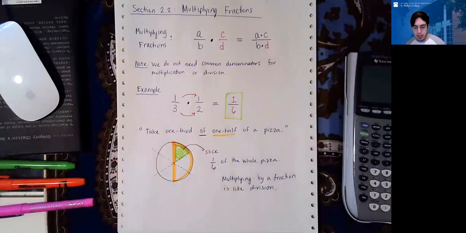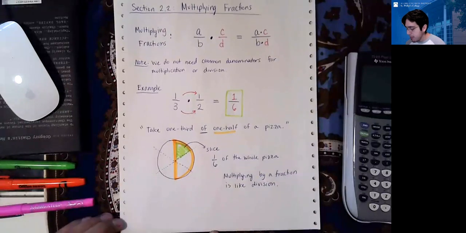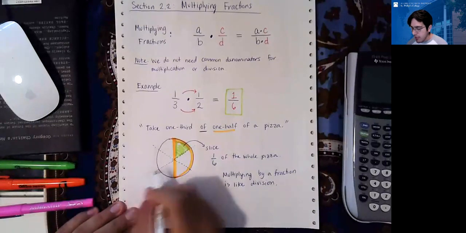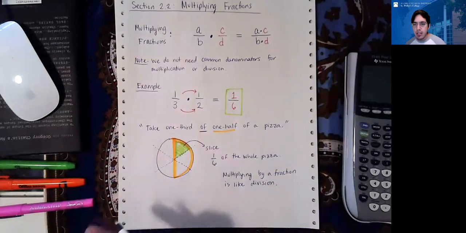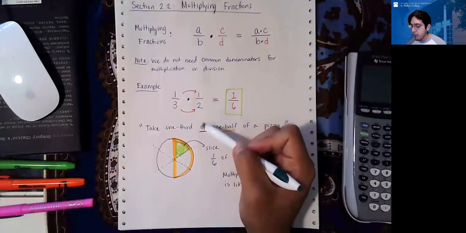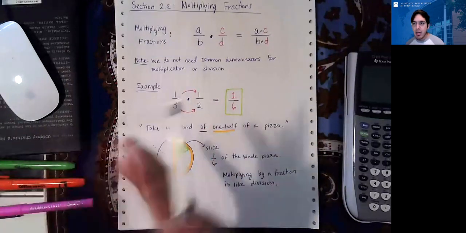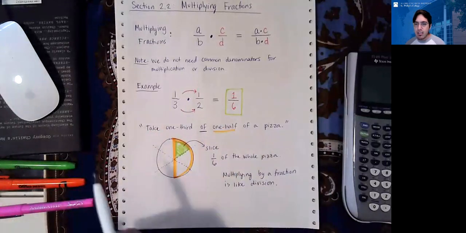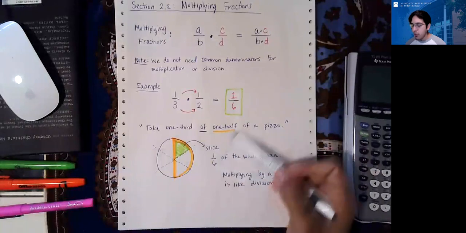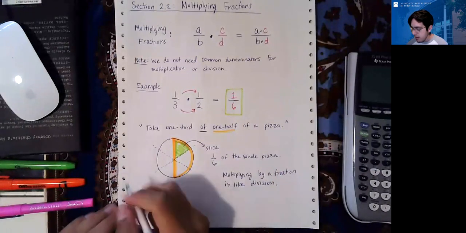And we'll think about that a little bit later on when we get to division. Okay. But for now, that's one way that you could physically interpret how we multiply fractions. If I have 1/3 times 1/2, you could think of half of some object and then divide that into thirds. And the size that you get at the end, that's going to be your result. Okay.